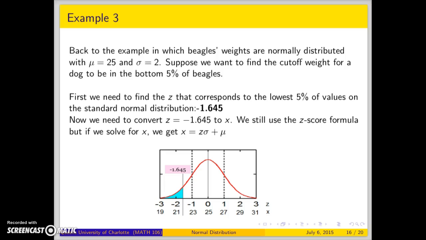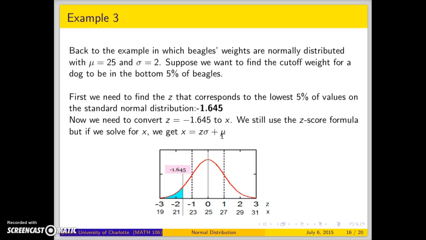We are still going to use the z-score formula to find x, and there are a couple of ways you can do that. You can either take the formula and solve it for x, so rearrange it, or you can take the formula z equals x minus mu over sigma, plug in the values, and then solve for x. Either way, x equals z times sigma plus mu is the same.